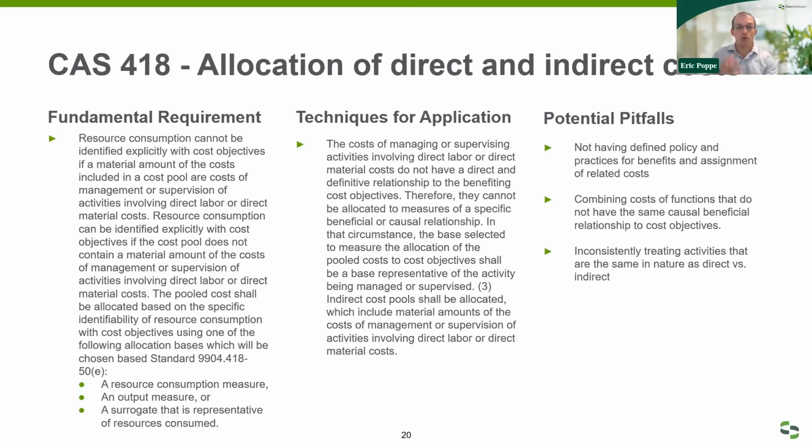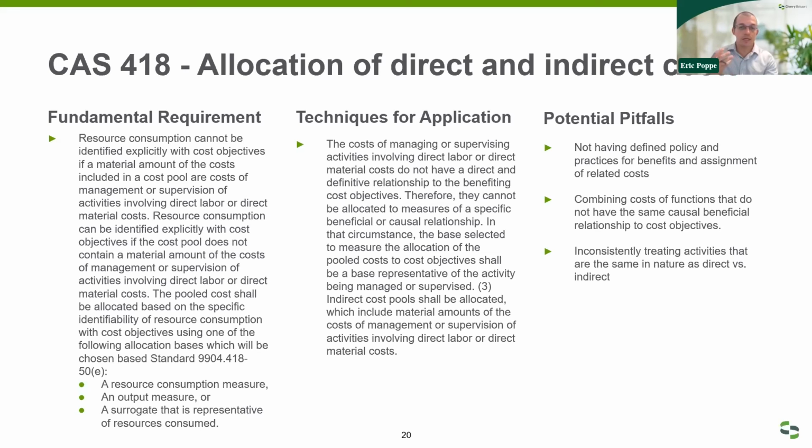So really, the overarching goal is to show that the allocation base is a true measure or truly shows that causal beneficial costing relationship. So my numerator is allocated out by a denominator that really helps drive and receives a benefit of that pool.